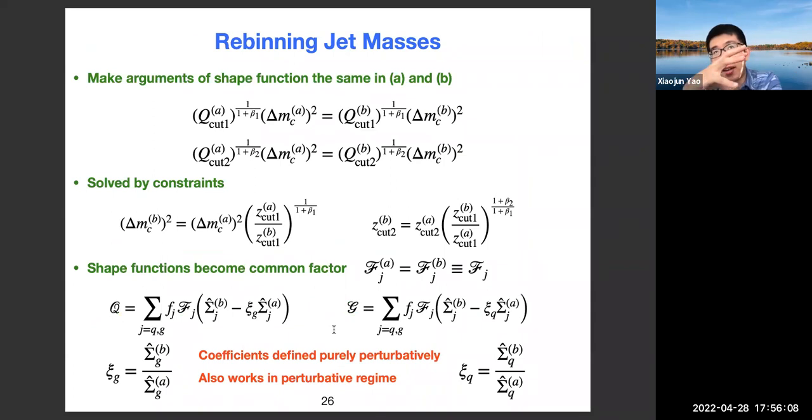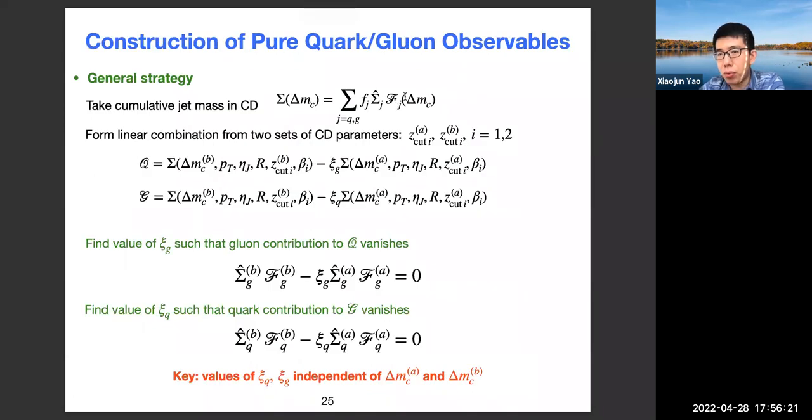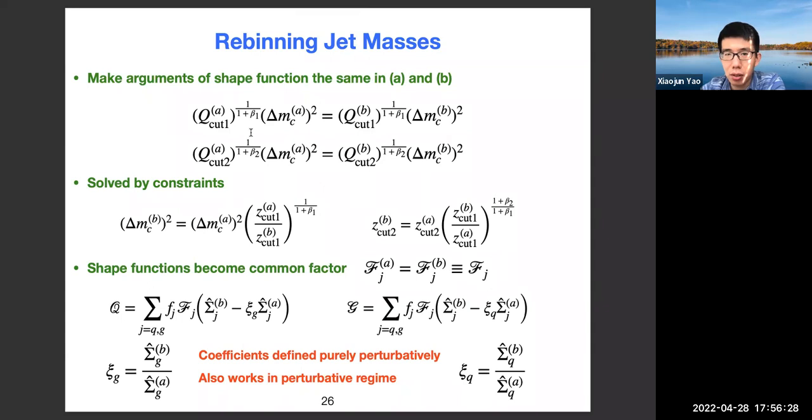It turns out that we can get rid of the jet mass dependence in the linear combination coefficients by rescaling the jet mass in the A set and the B set. The jet mass dependence in these formulas goes through the non-perturbative shape functions, and this is the argument appearing in them.